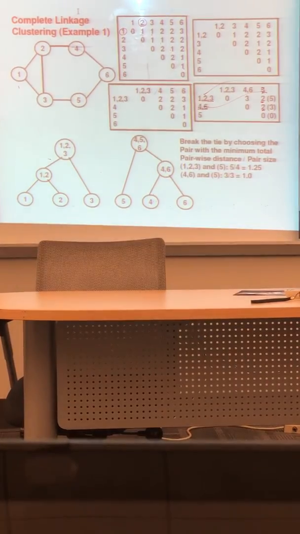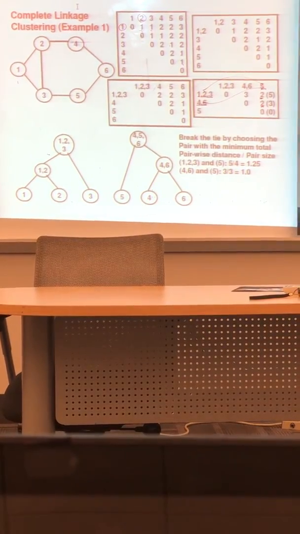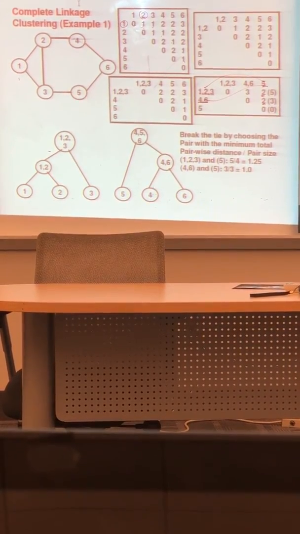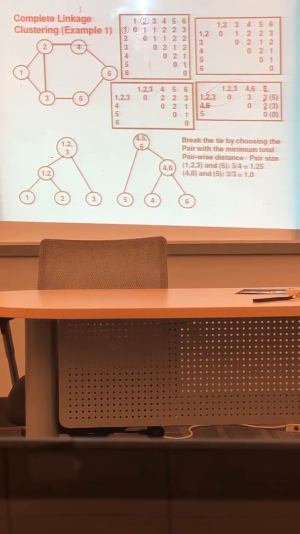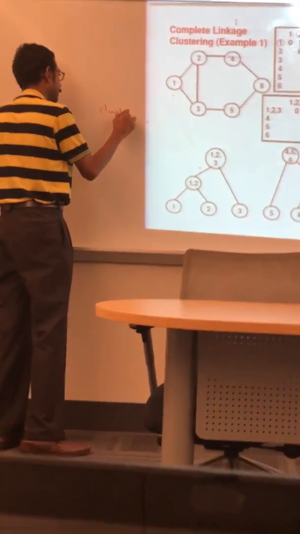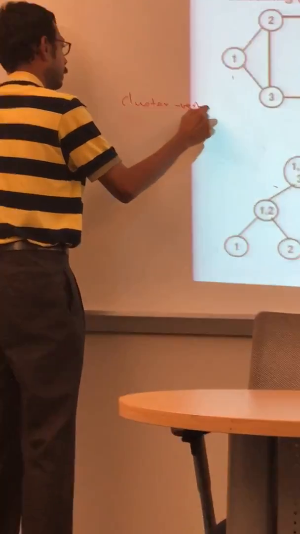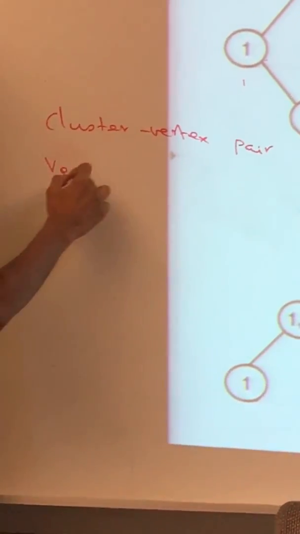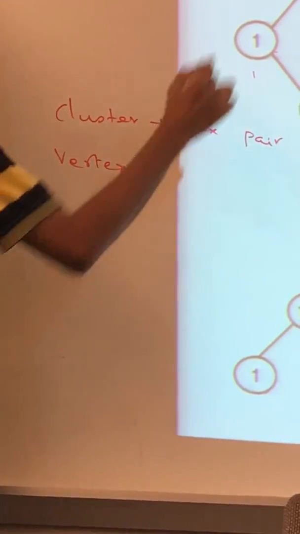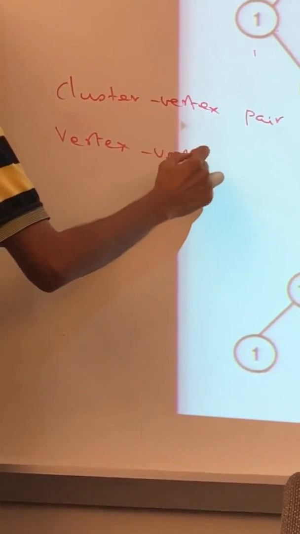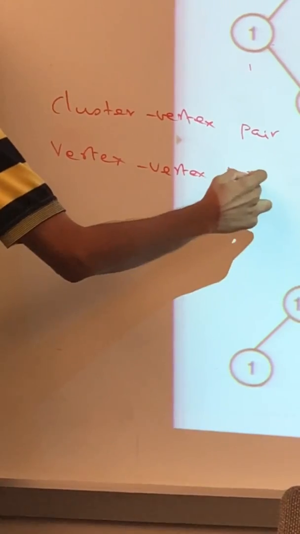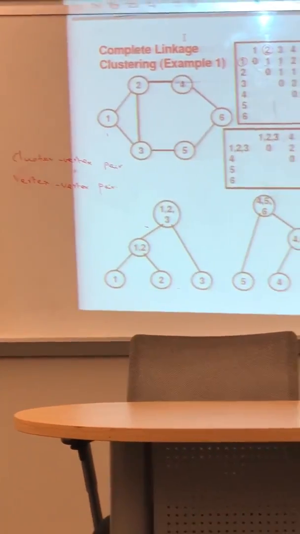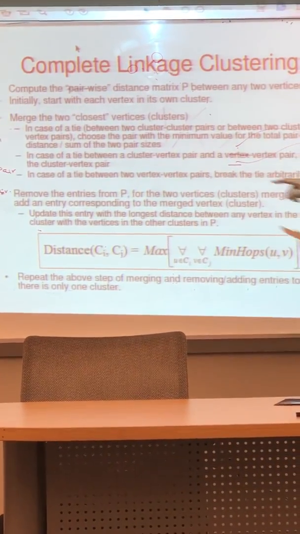There we have to deal with how to break the ties between two cluster-vertex pairs. Sometimes you could have ties where one entity is a cluster-vertex pair and the other is a vertex-vertex pair. So we'll see scenarios for that. So there are 3 possibilities. I have written down the tie-breaking rules for each possibility here.